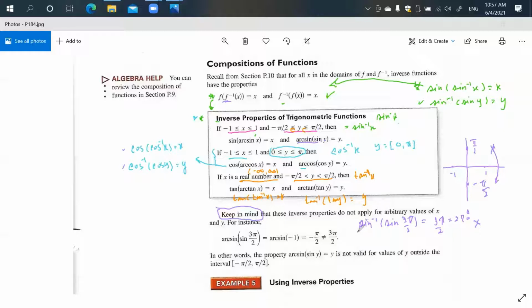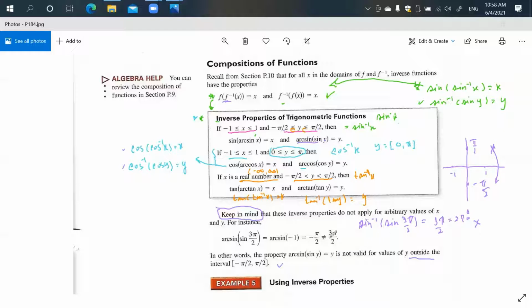Next, you consider whether there is any coterminal angle or not, but this one doesn't have one. So just say this one is not equal. In other words, the property of arc sine of sine y equals y is not valid for y, because it is outside the interval, as I was just explaining.